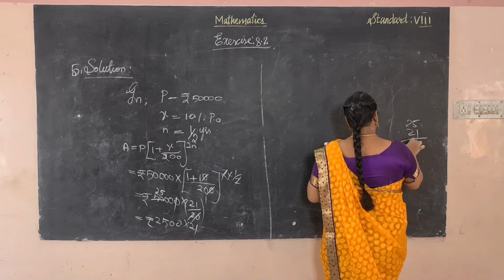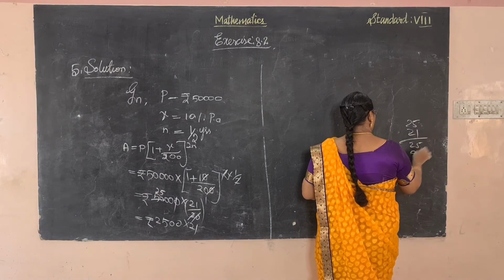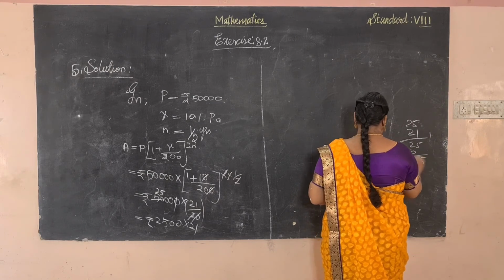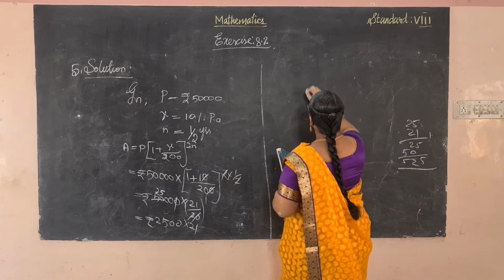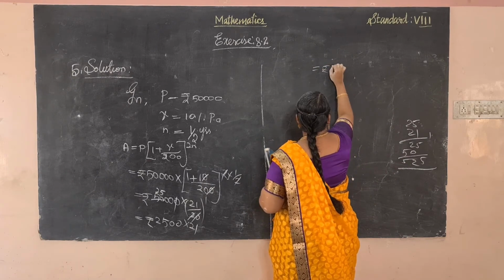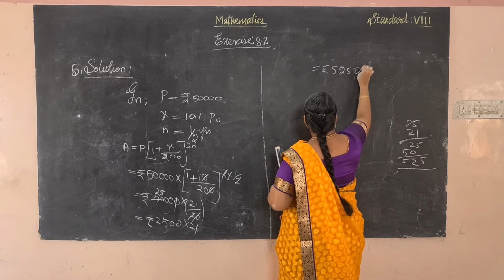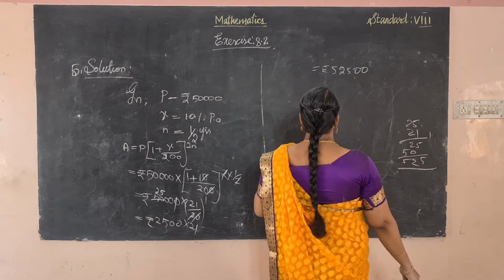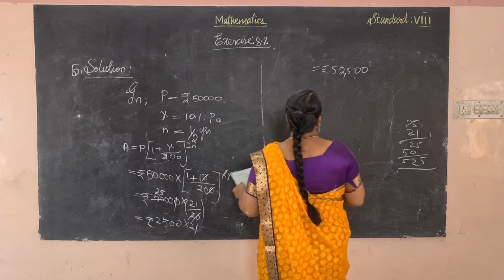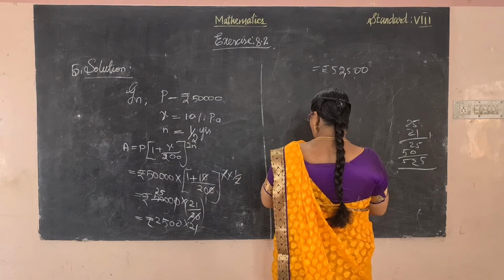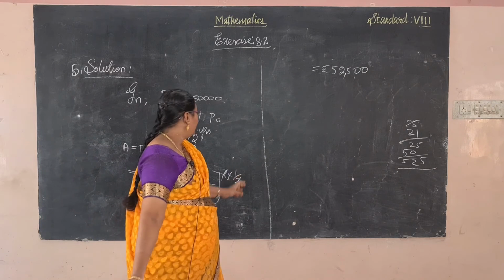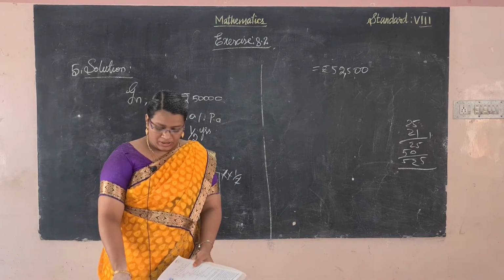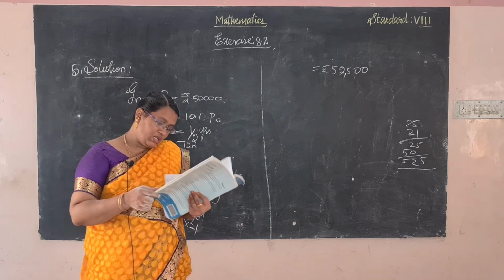Now multiply these values. 25 into 21 is 525. So rupees 52,500. We have calculated the amount. Now, what did he ask in the question?